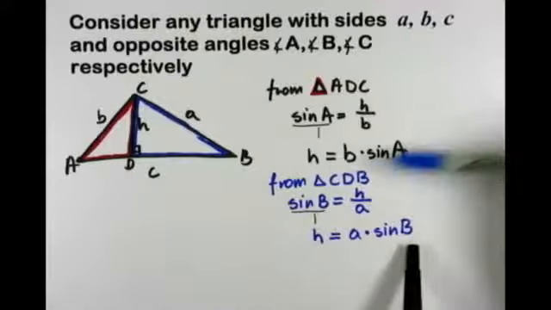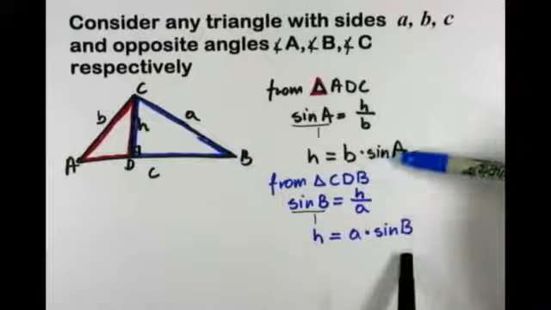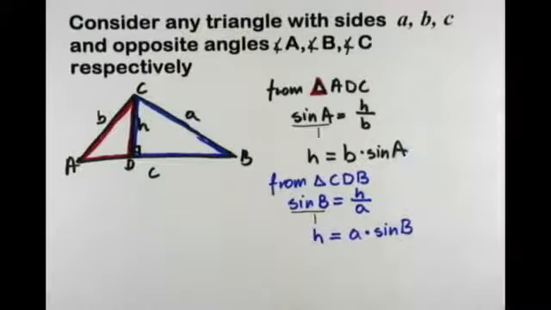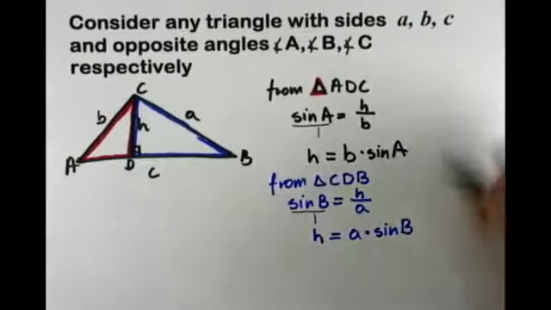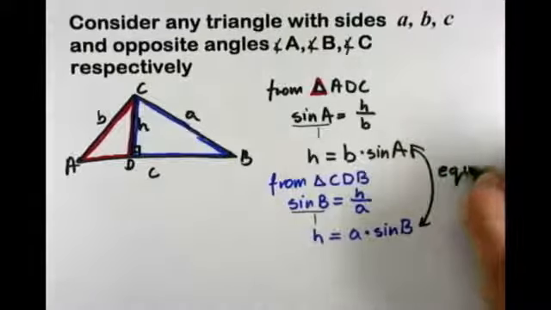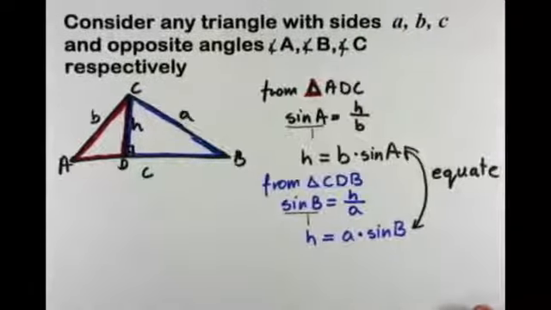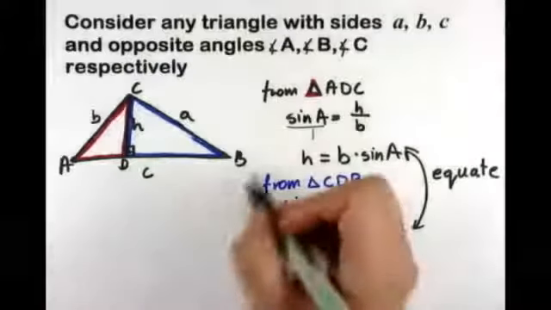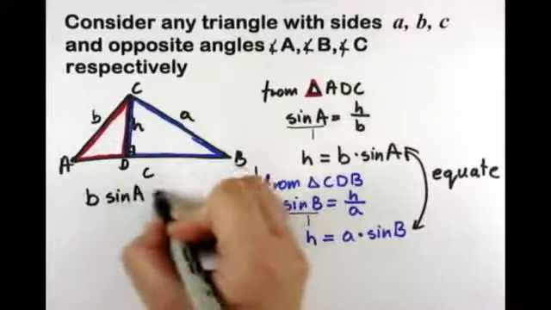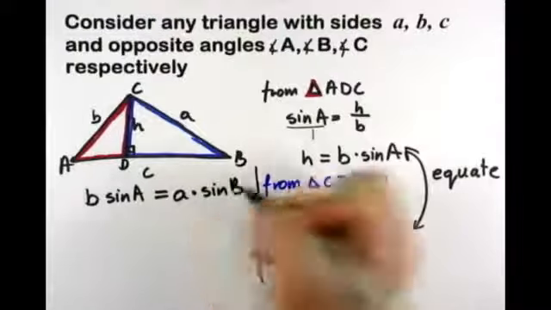Equating the h's gives me b times sine A is equal to a times sine B.